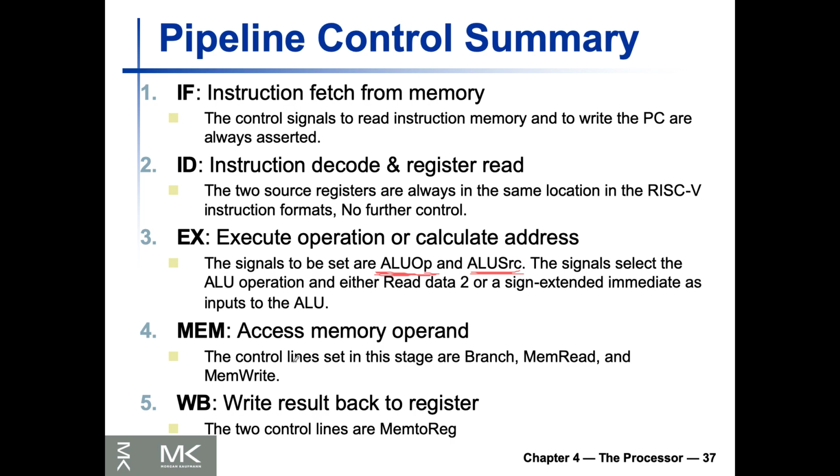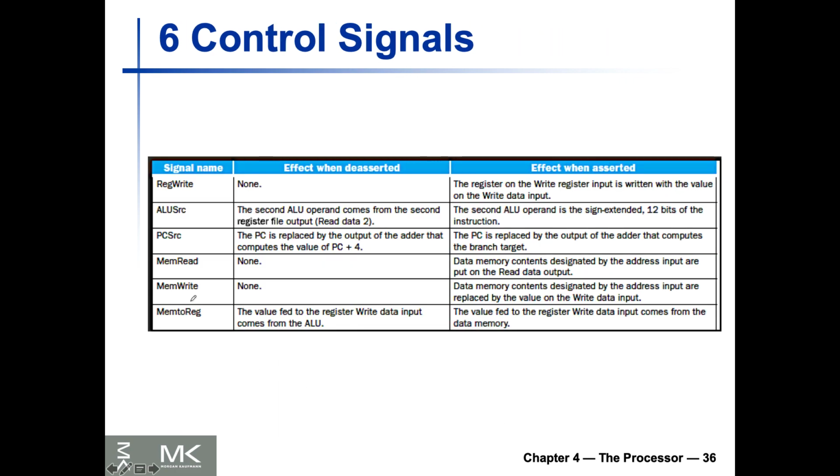These two signals select the type of ALU operation, and either they're going to read, right? Or just like your colleague mentioned, we're going to sign extend the input to the ALU. That was for the X stage. For the memory, the control lines in this stage are branch, mem read, and mem write. And finally, for the write back, the 2 control lines are obviously mem to reg, because we are writing memory, right, to register. Okay.